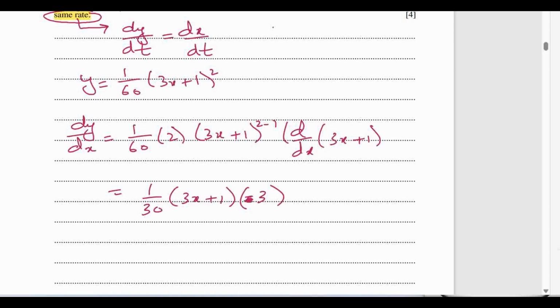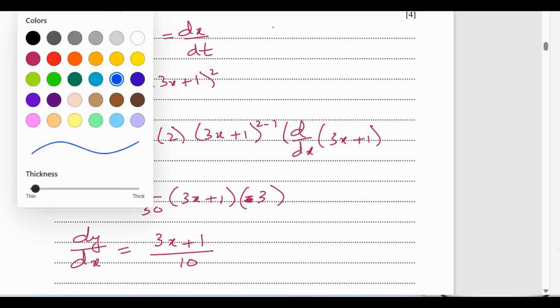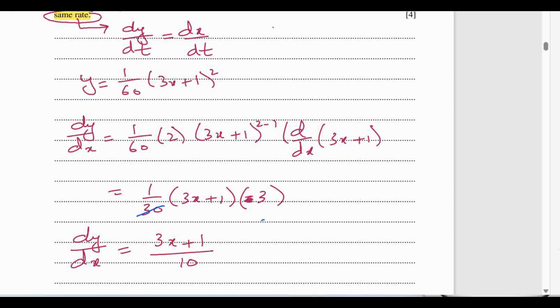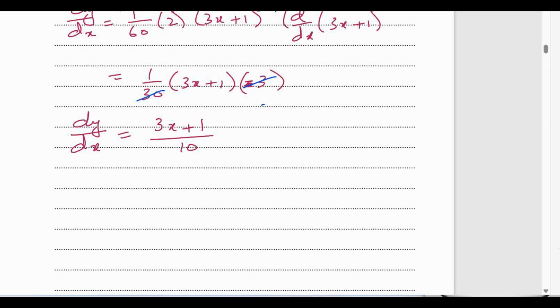So dy by dx will be equal to 3x plus 1 divided by 10, because we can cancel out these two, so that is why this will be 10 over here. Now we can use the chain rule.